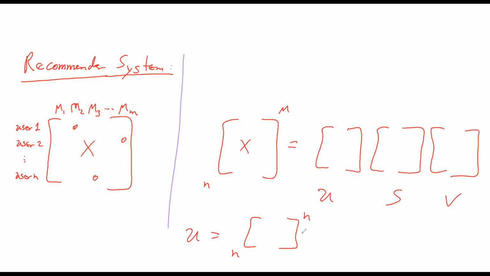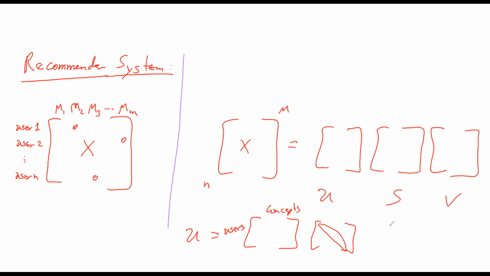But let's not worry so much about the sizes, but more about the intuition, okay? The intuition is that this will be users to concepts. This one for now is, let's just say it's going to be a diagonal.